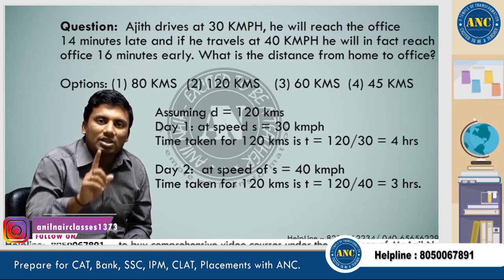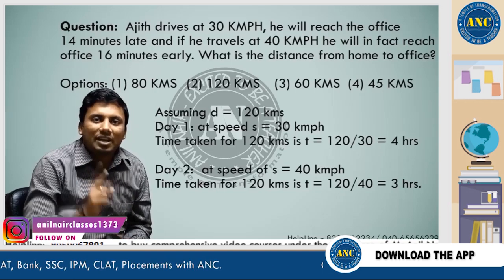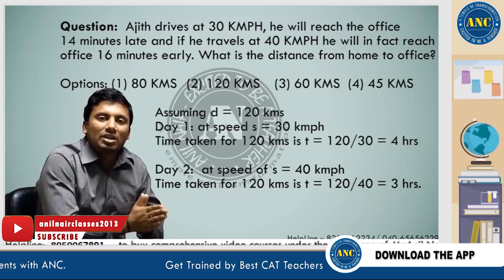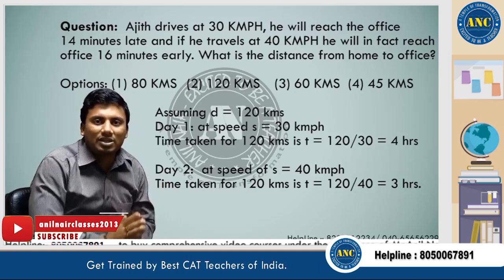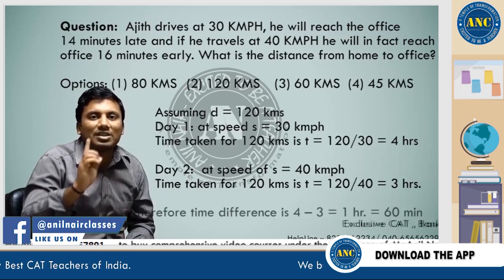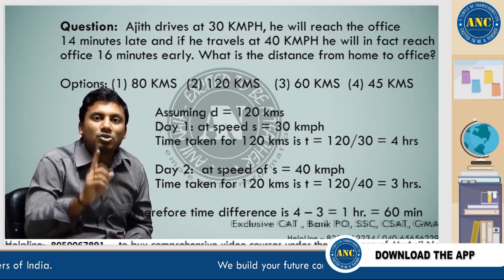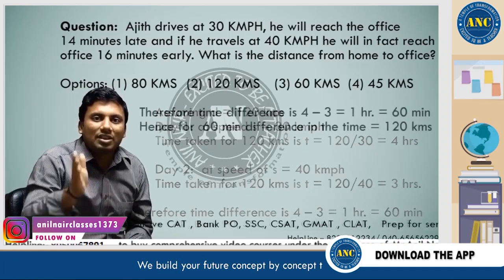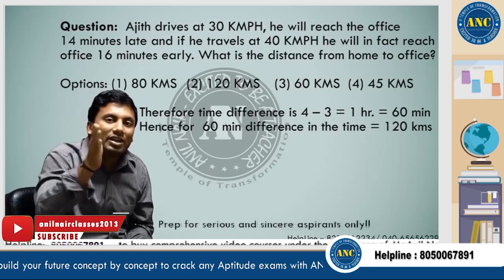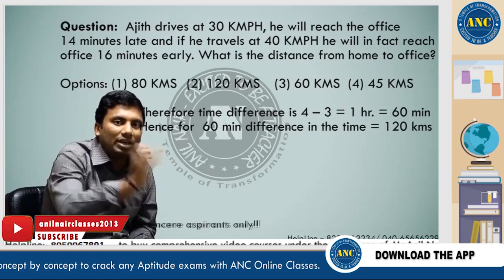To travel a distance of 120 kilometers, he takes 3 hours. Because I assumed the distance to be 120 kilometers, the difference in time periods will be first day 4 hours, second day 3 hours, which happens to be 1 hour. That means 60 minutes difference in time period is equal to a distance of 120 kilometers.